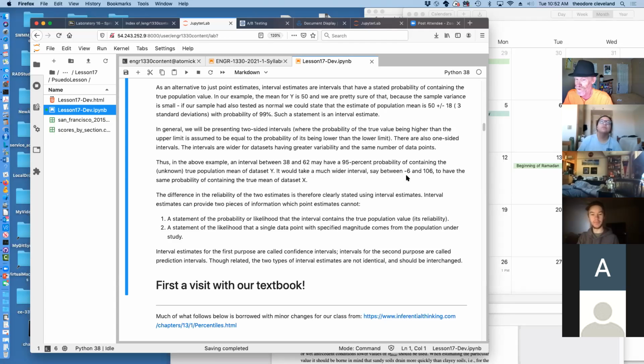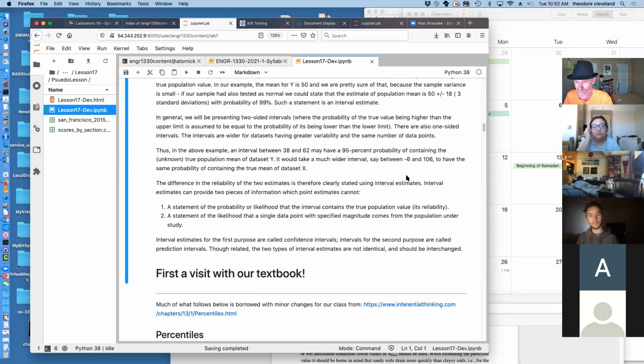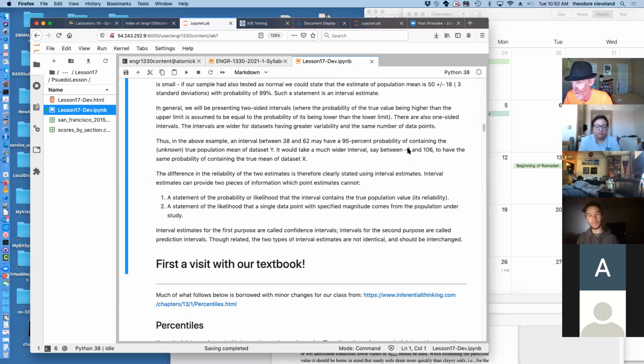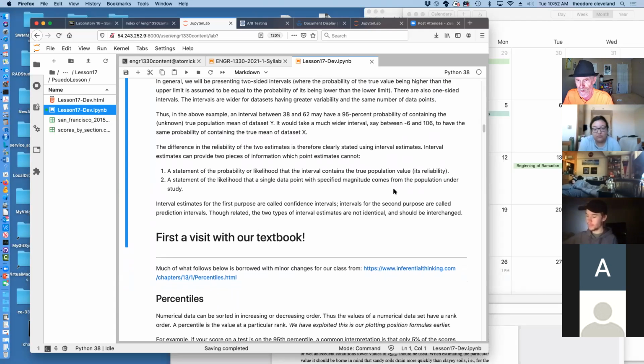We have an interval that's actually bigger than the contents of the population. That's unusual and is an artifact of this particular example.